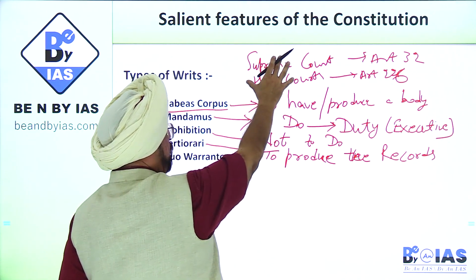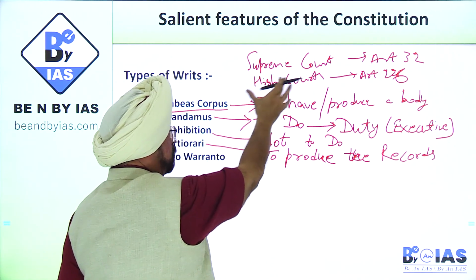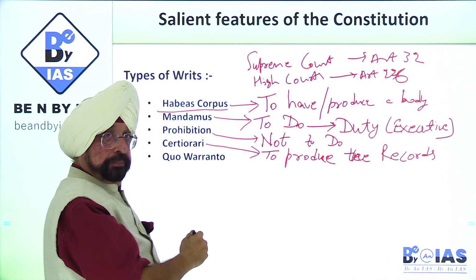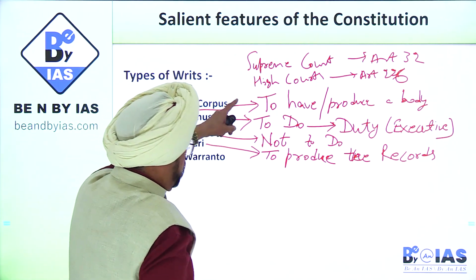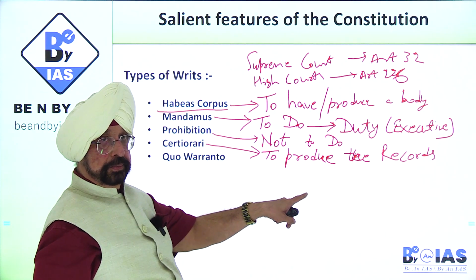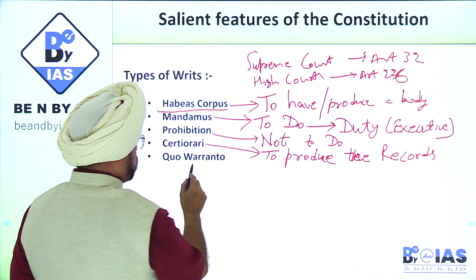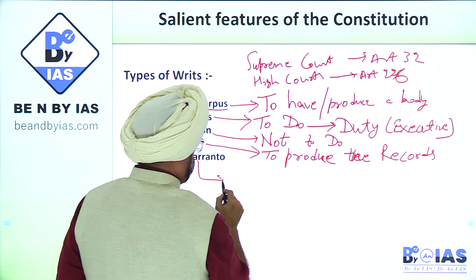So they are given the powers to issue these 5 writs. They give these kinds of directions, right? The last one is quo warranto.